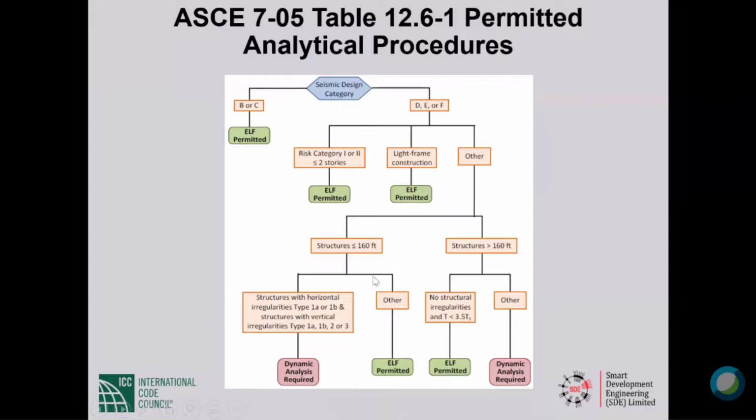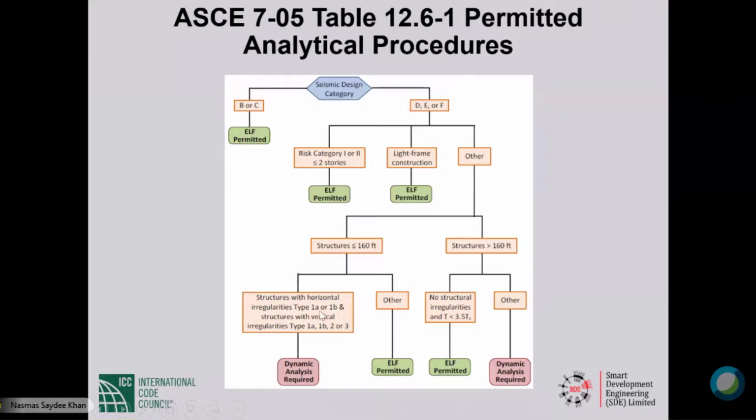If you have buildings up to 160 feet tall, then if you have structures with horizontal irregularities type 1B, that is torsional and extreme torsional, and structures with vertical irregularities 1A, 1B, 2 or 3. 1A is soft story, 1B is extreme soft story, 2, 3, whatever they are.